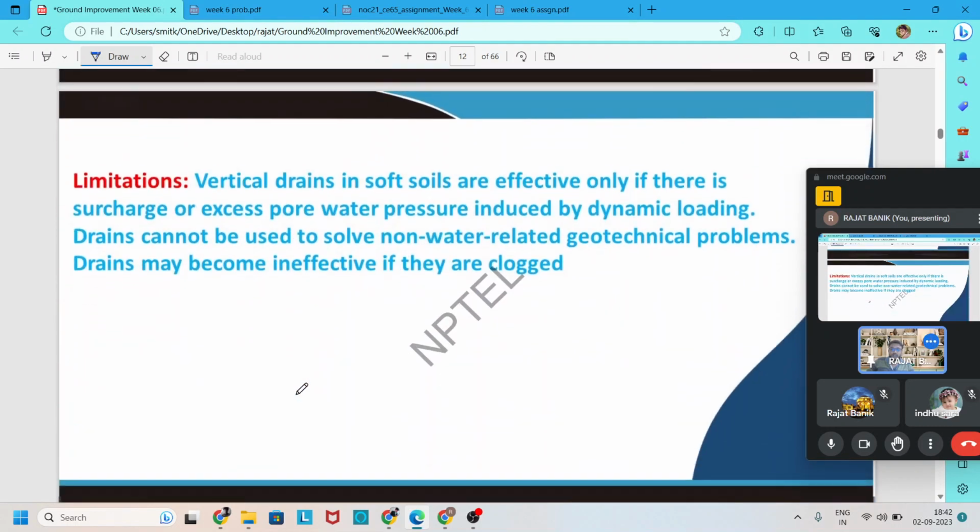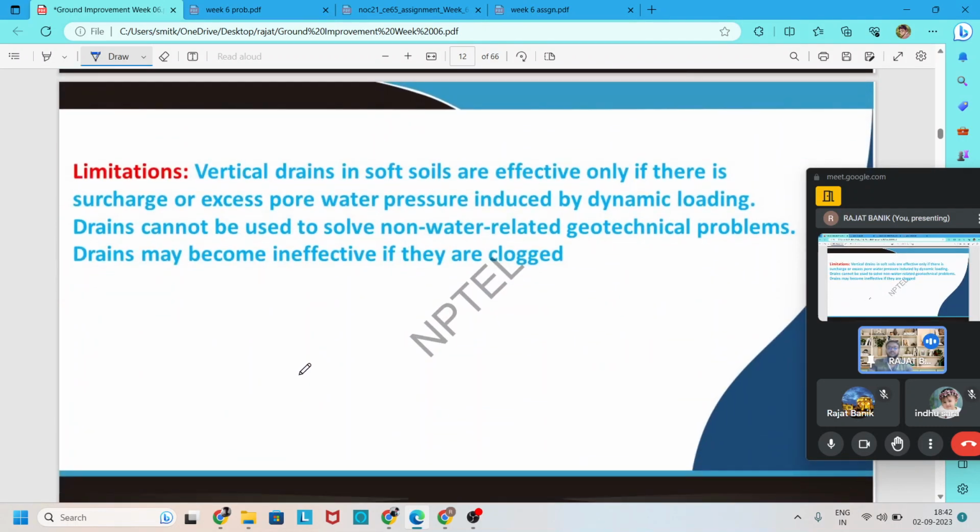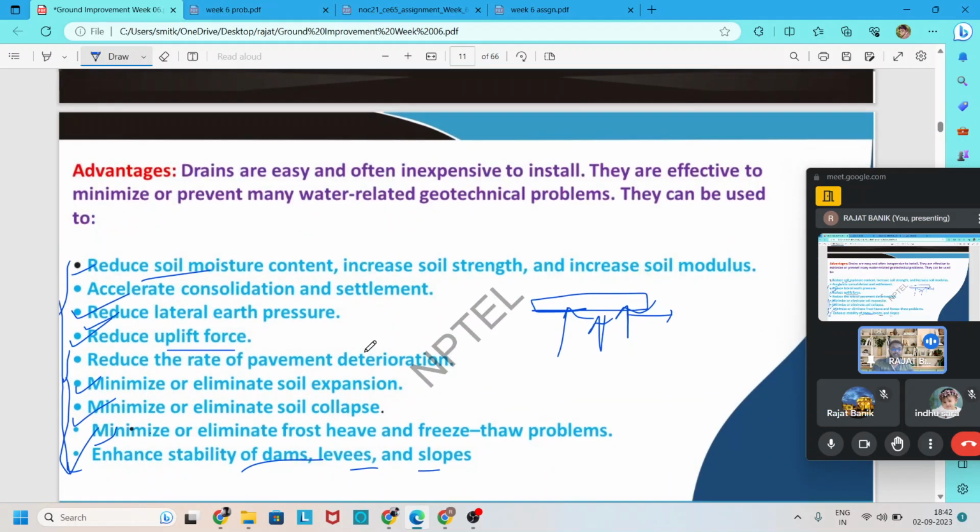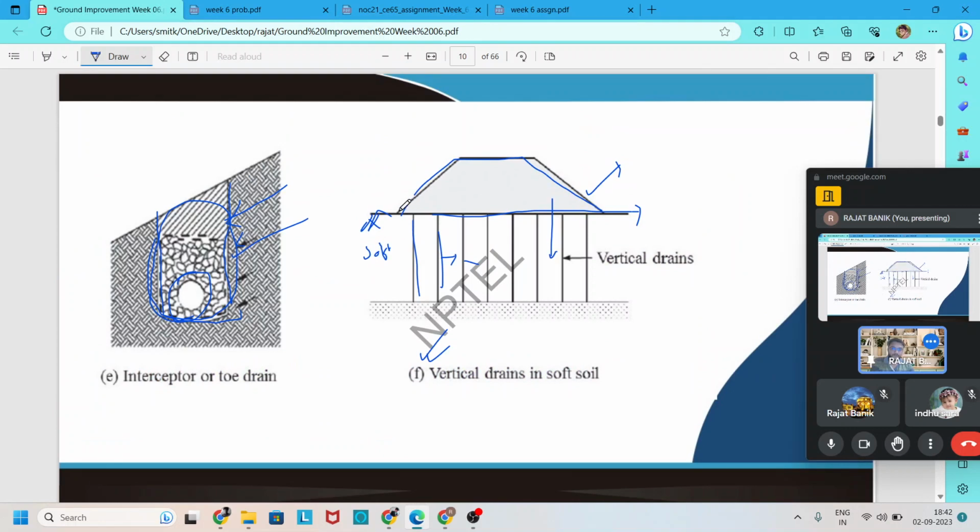So there are some limitations also in the drainage technique. It is said that vertical drains in soft soil are effective only if there is surcharge or excess pore water pressure induced by dynamic load. We see that in our arrangement: if preloads are present, only after that is the excess pore water pressure developed.